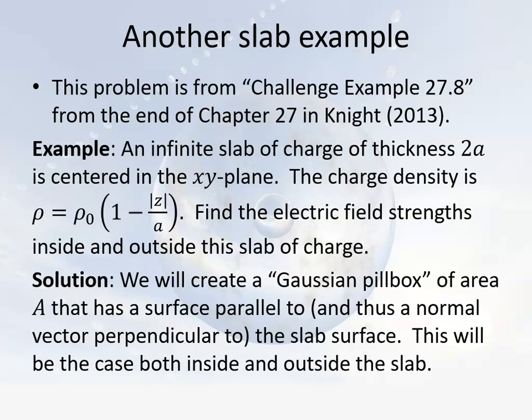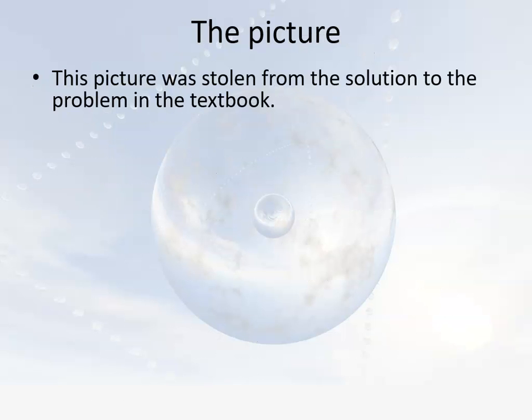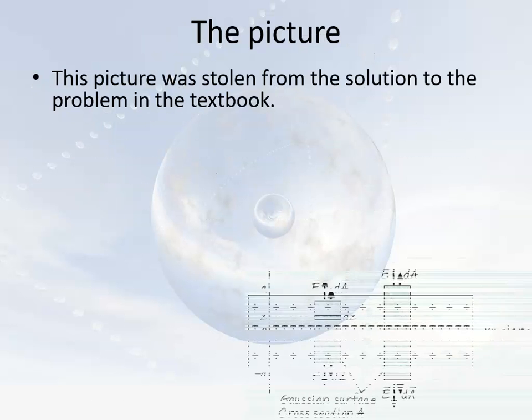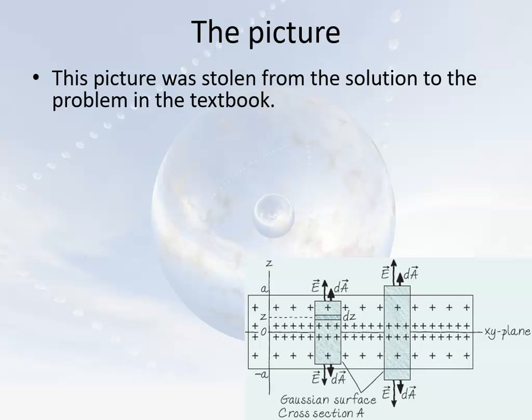So again, we're going to create a Gaussian pillbox of area A, where the area is parallel to the slab surface. This will be the case both inside and outside of the slab. So I stole this picture from your textbook, the Knight 2013 textbook, Physics for Scientists and Engineers, 3rd edition. And here we have our imaginary Gaussian surface.